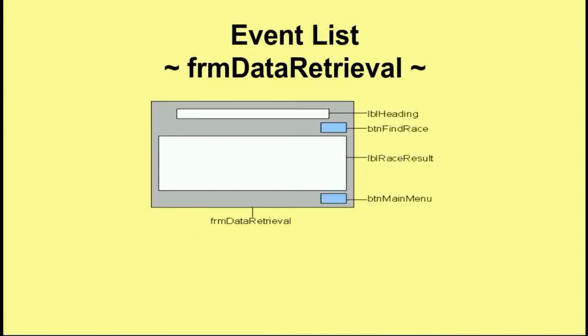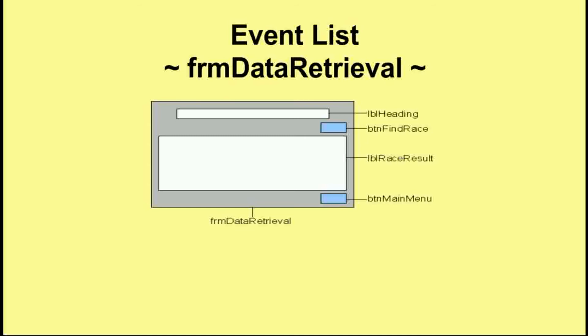The data retrieval form, on the other hand, doesn't need anything when it starts. It's only when the user clicks on the button find race that they'll be asked to say which race they want to be able to see. They'll be asked for a year and a race name, and then they'll have to click on those and away they go.